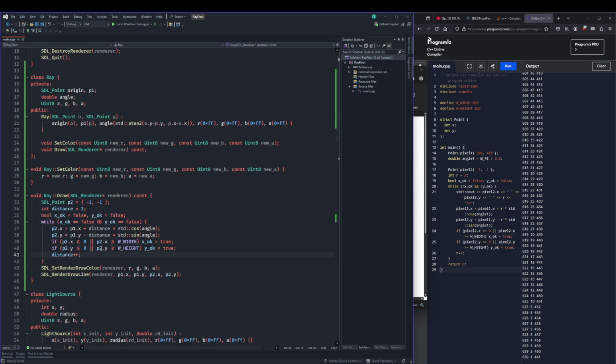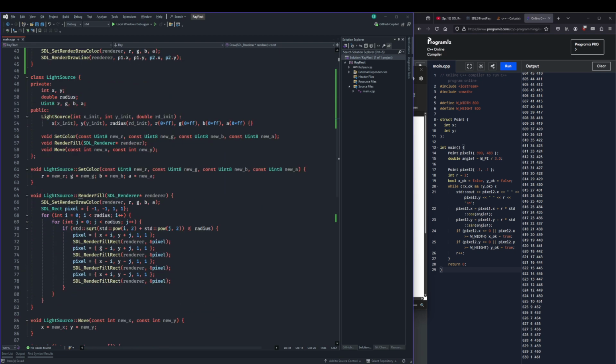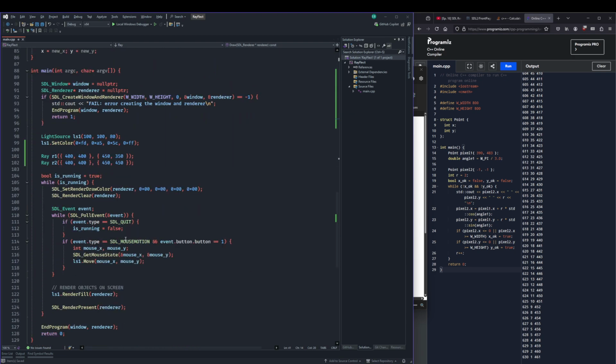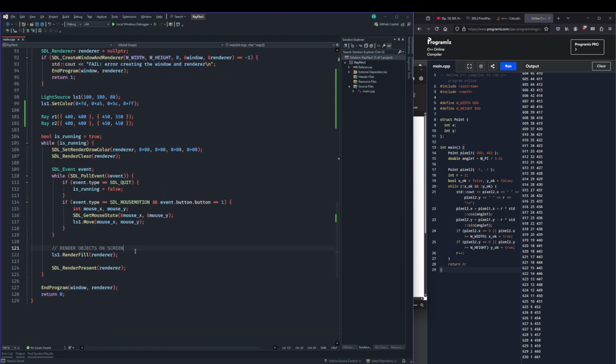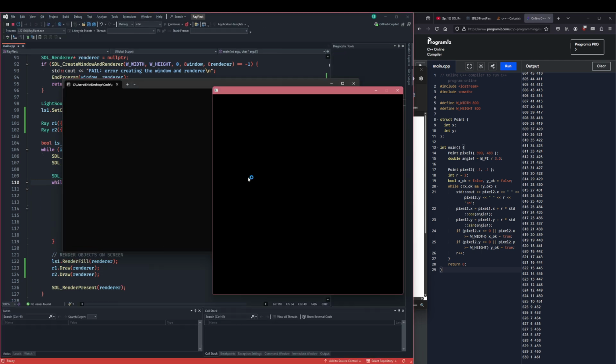So I think that should do the trick. I hope it does. So if I go here and do R1 draw render and R2 draw render, let's look at the 2 points. Okay, so let's see if that works.